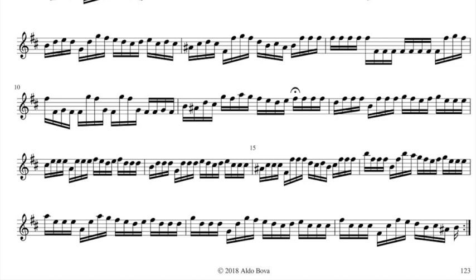And now it is this, and then exactly the same. And now is the end of the piece.